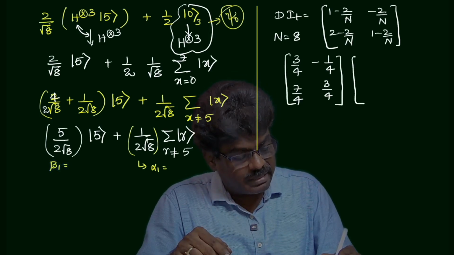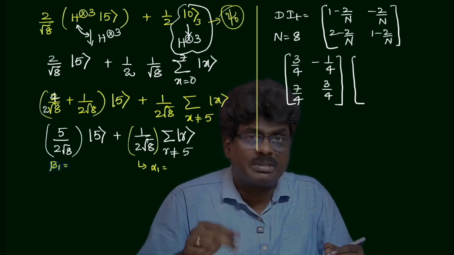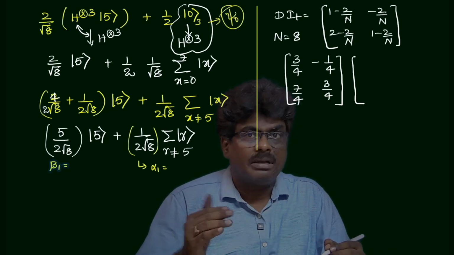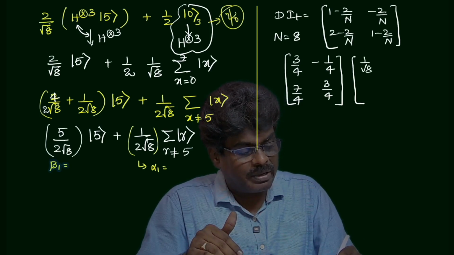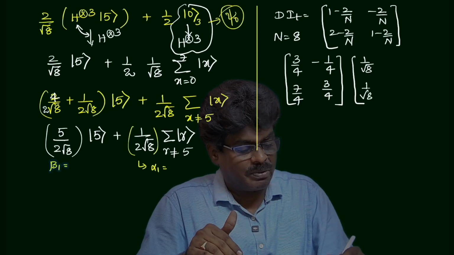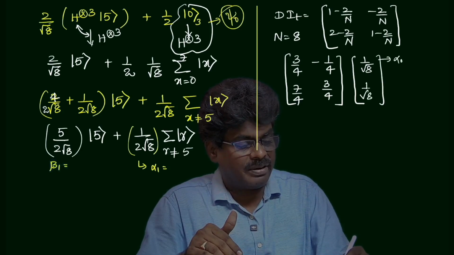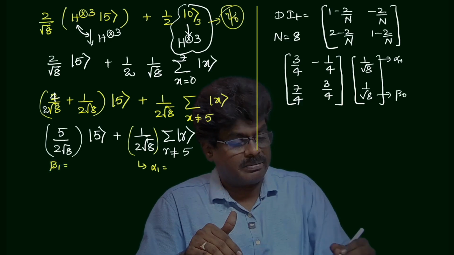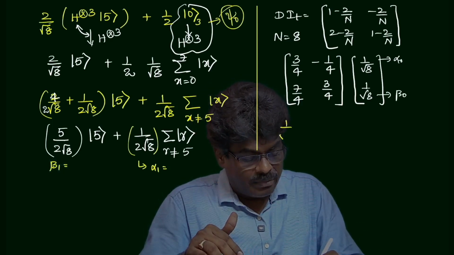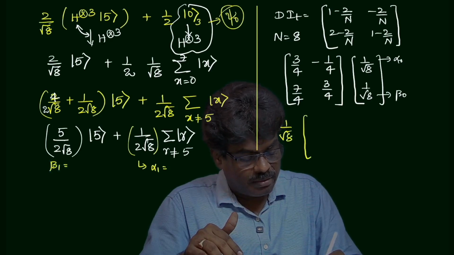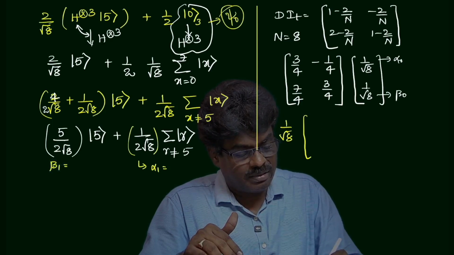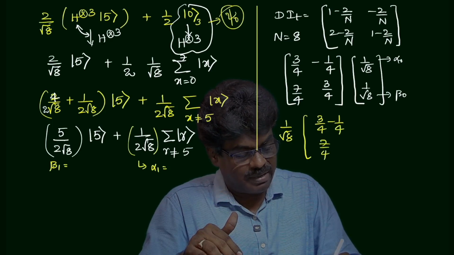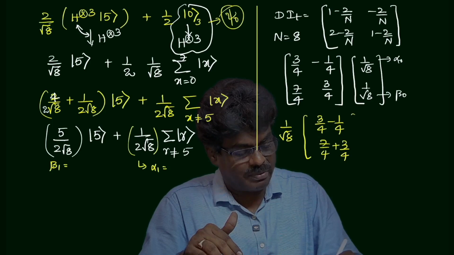Now this matrix is operating on the initial amplitudes, alpha naught and beta naught, which are nothing but 1 over root 8. So 1 over root 8, and this is also 1 over root 8, because this is alpha naught and this is beta naught. Now 1 over root 8 common, and here it is 3 by 4 minus 1 by 4, and this is 7 by 4 plus 3 by 4.